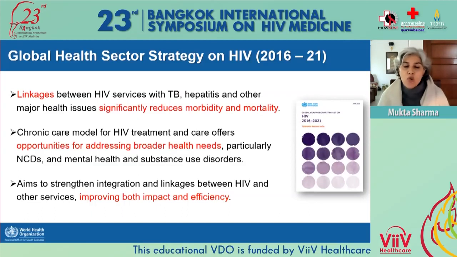And therefore, a chronic care model for HIV treatment and care offers opportunities for addressing broader health issues as well, particularly non-communicable diseases, mental health, and substance use disorders. And with that in mind, the strategy says that we really have to focus on improving the linkages with other areas, and this will have a much larger impact on the benefits that we have.